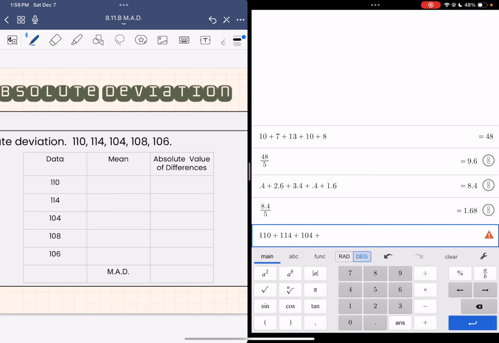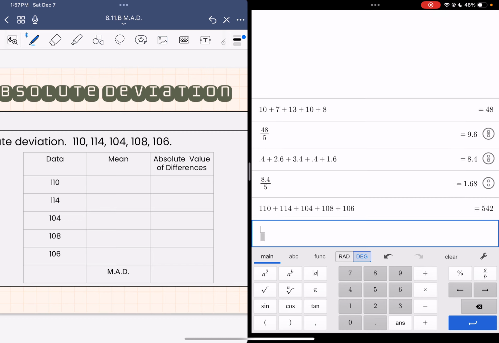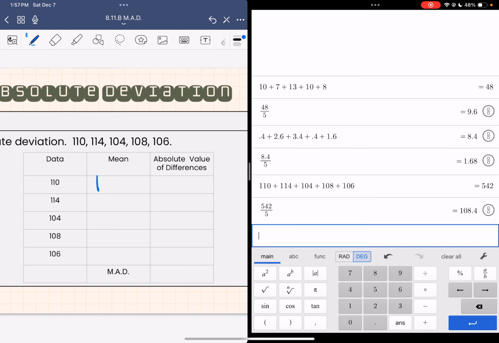And after I add them up, I'm going to divide by 5 because there's a total of 5 numbers. I recommend organizing it in a table. It's not required. It just keeps you organized.